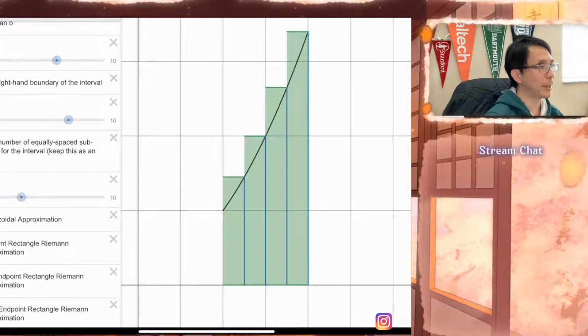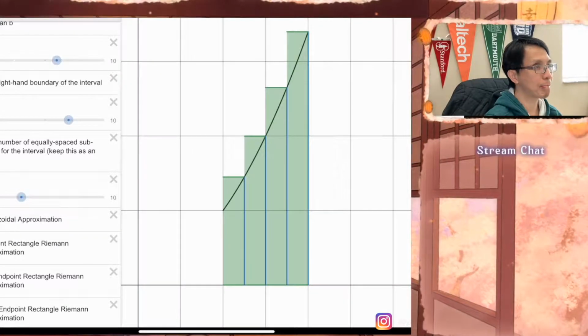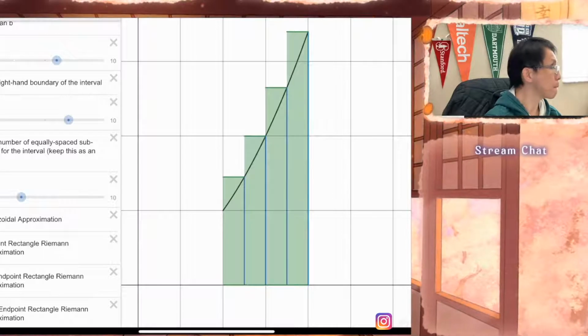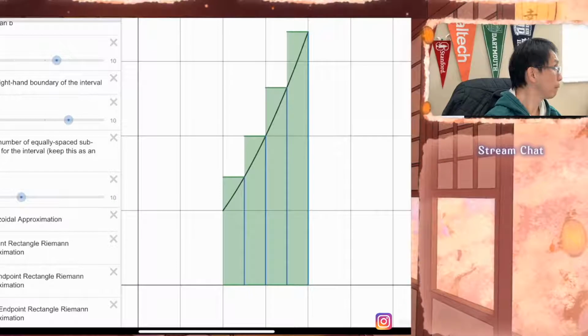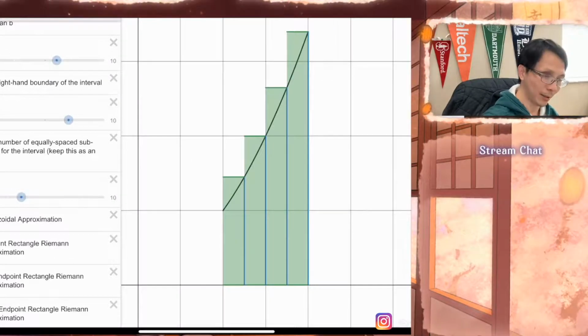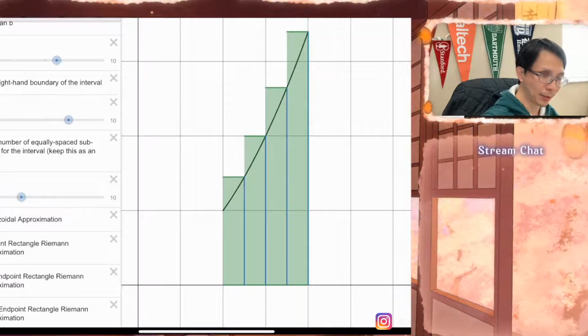Oh, isn't it to use more rectangles, so the spaces get small? More rectangles. Let's use 8.